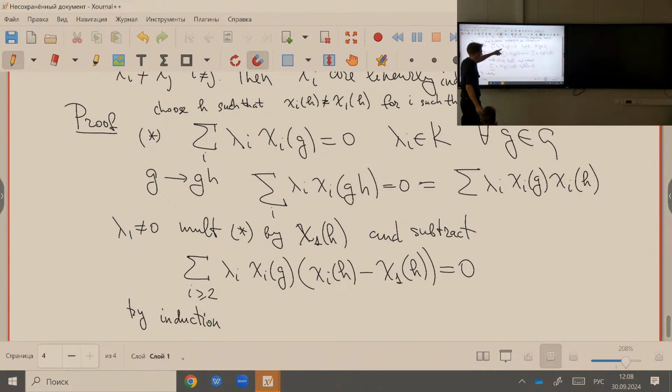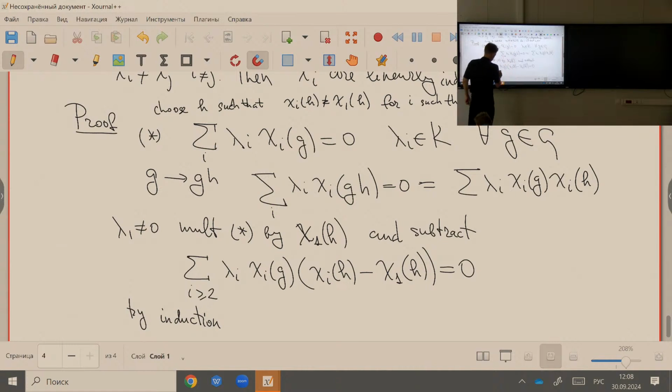Yeah, so in this linear combination there are at least two factors that have non-zero coefficient, and for one of them we take chi 1, and for the other, which is chi I, we can take H such that the values of chi are different, and this can be done because we have assumed that the chi's are different, so there is an element on which they have distinct values.